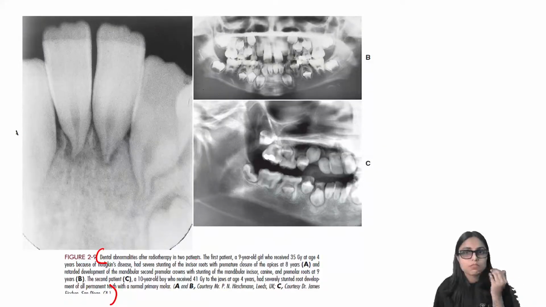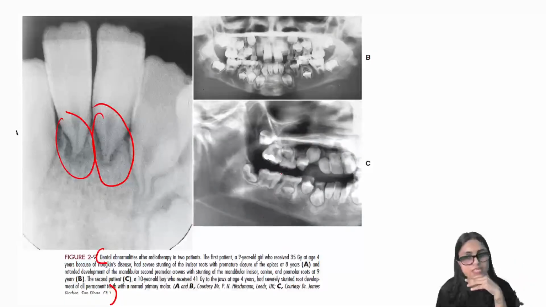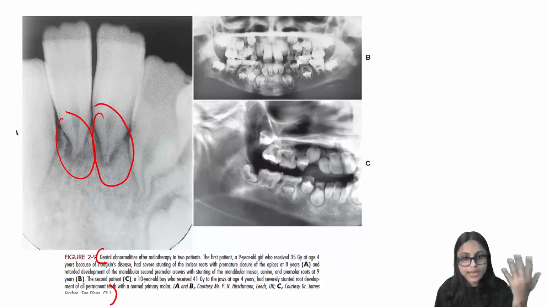Okay. So, what is the conclusion here? Please just go through the captions once when you are reading and referring to your textbooks. Please have a look at the captions also. Sometimes they pick the direct question from there. Okay. So, this condition, the retarded root development, they are just asking what this condition is called.